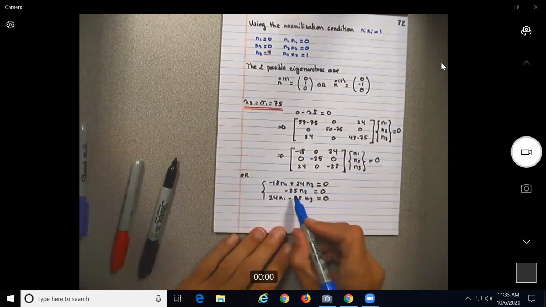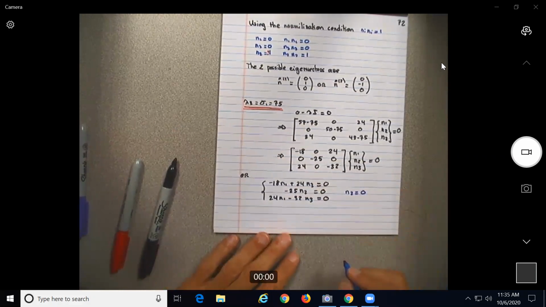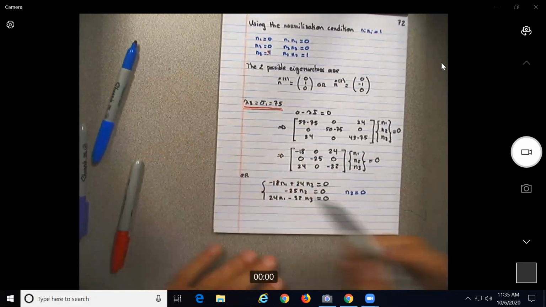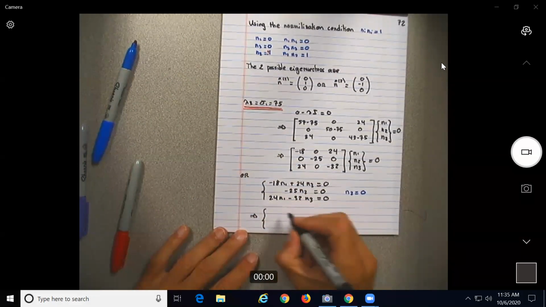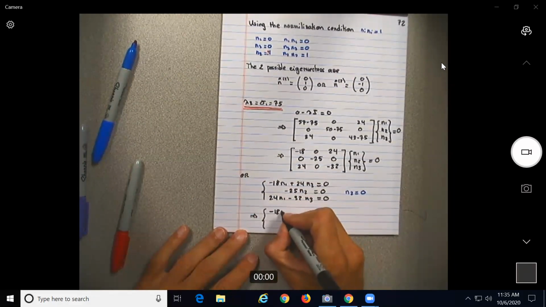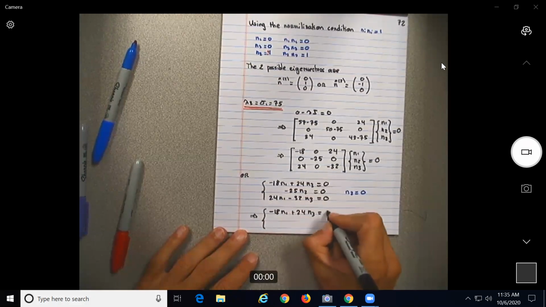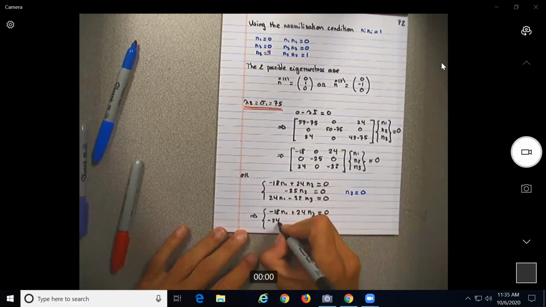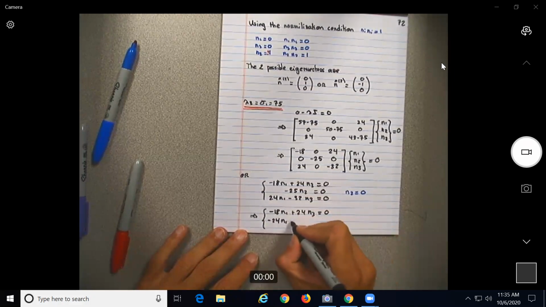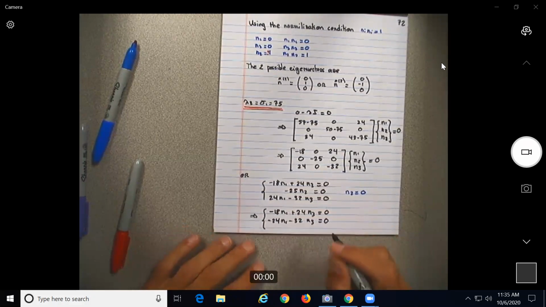Okay, so the second equation is going to tell us right away that n2 is 0. So that means we are only left with minus 18 n1 plus 24 n3 equal to 0, and 24 n1 minus 32 n3 equal to 0.